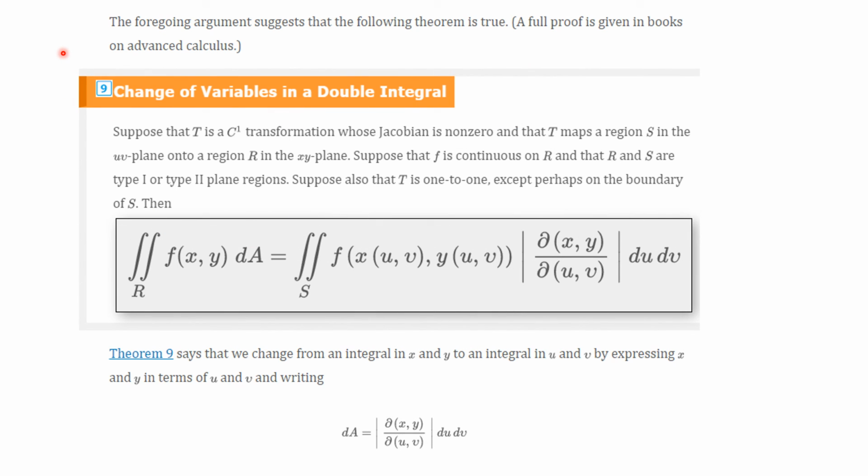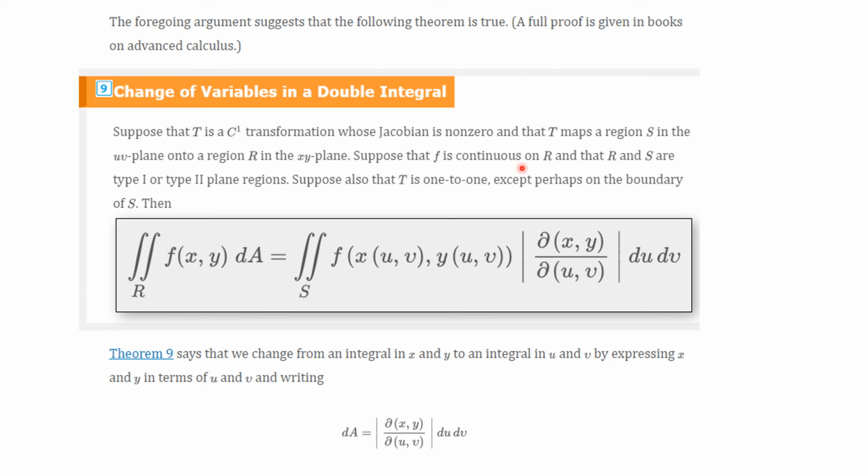Now this foregoing argument suggests the following theorem is true, and actually you get the major idea of the proof. There are some epsilons and deltas that we could have added, and those things are given in some courses in advanced calculus. But anyway, here's the theorem that you want to remember. Suppose that T is a C1 transformation whose Jacobian is non-zero, and that T maps a region S, there's the region S, in the UV plane onto a region R in the XY plane.